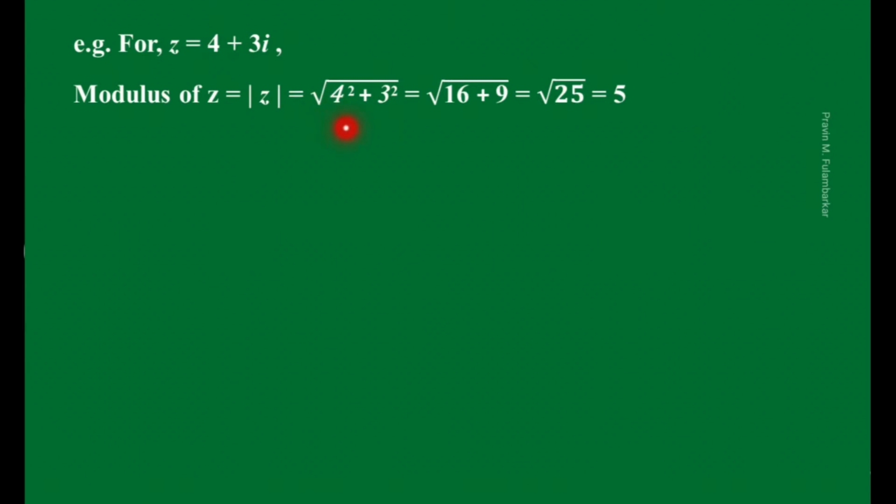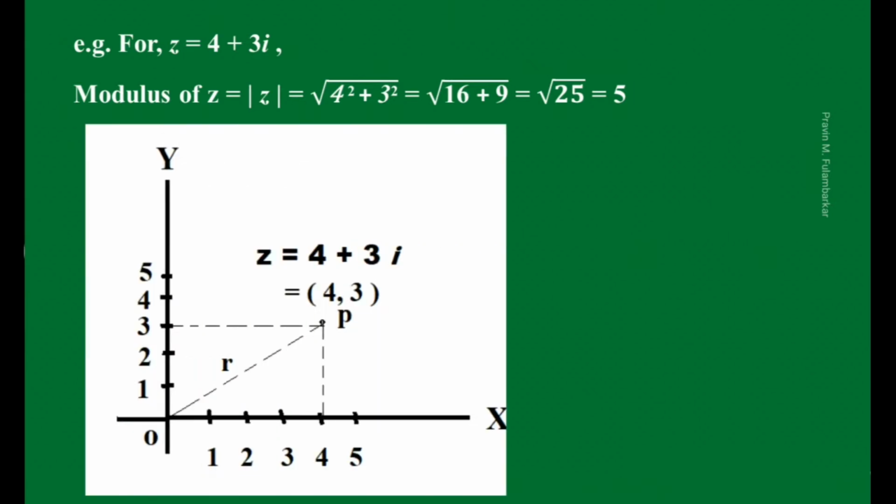So we write under root 4 square plus 3 square, that is 4 square is 16, 3 square is 9, 16 plus 9 is 25. So we get the modulus of z, square root of 25, is 5. In this way we can find the modulus of a given complex number, that is the distance of that point, or the distance of that complex number, from the origin.